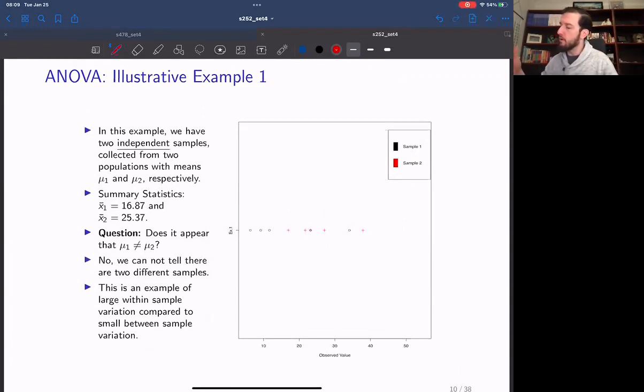The sample mean of sample 1 is 16.87, so this is going to be right about here. And the mean of sample 2 is 25.32, which is going to be right about here.